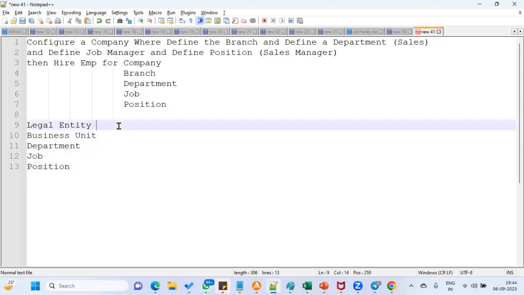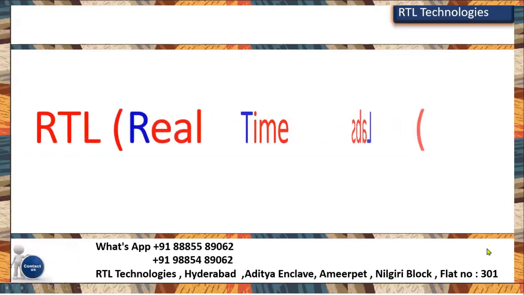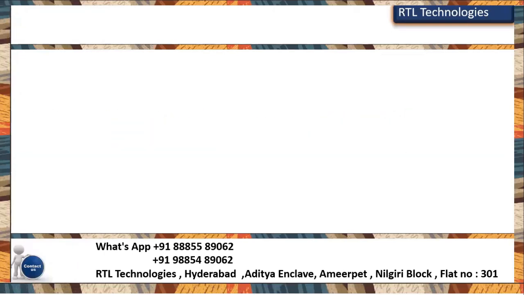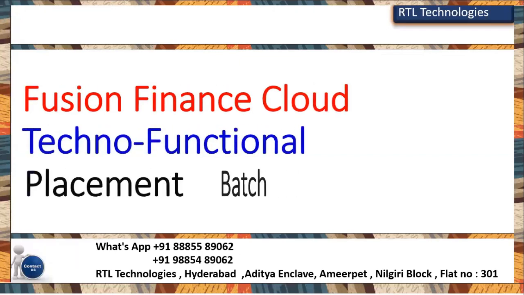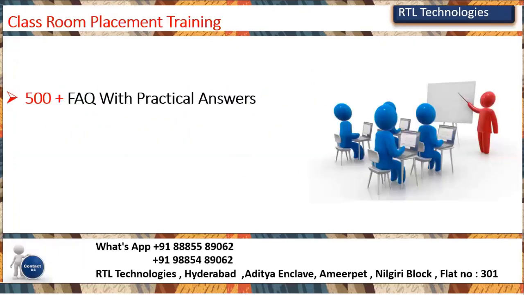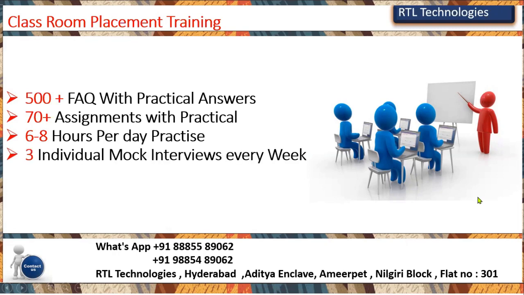Company name, let's say MRF India Private Limited. That's the name of the company. Branch, MRF Delhi branch, we call it as business unit. And department, let's say MRF sales department.